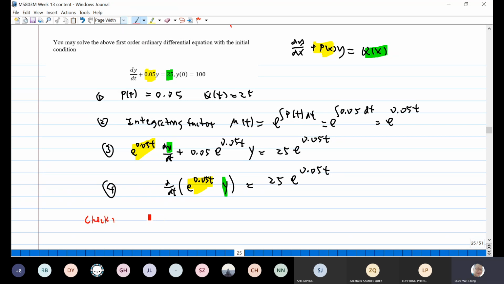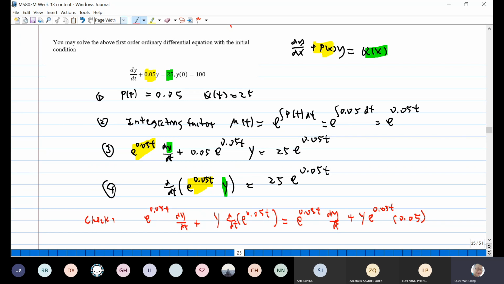Keep the first term, differentiate the second term. Then keep the second term, differentiate the first term. So you get e^0.05t dy/dt plus y times e^0.05t, then differentiate 0.05t, you get 0.05.